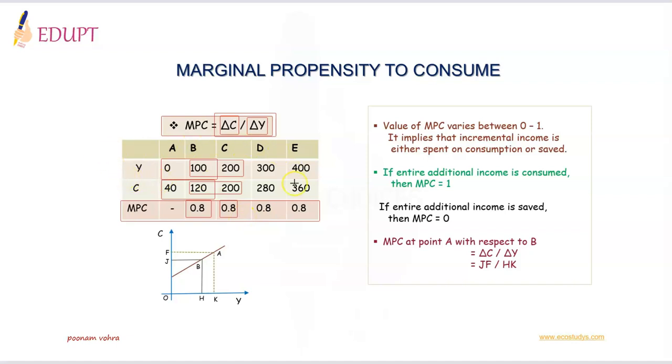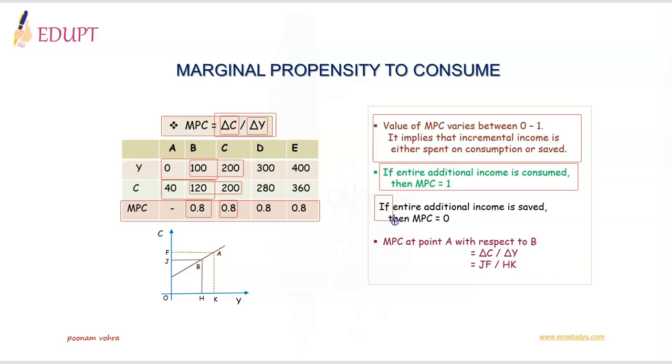So, having observed this numerical example, one can deduce that the value of MPC varies between 0 and 1. It implies that incremental income is either spent on consumption or it is saved. If entire additional income is consumed, then MPC will be equal to 1.